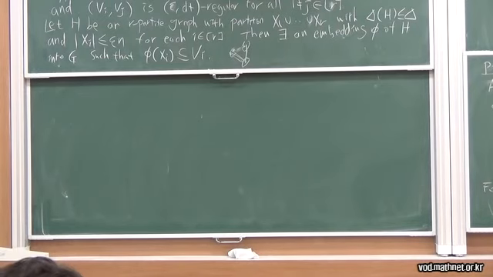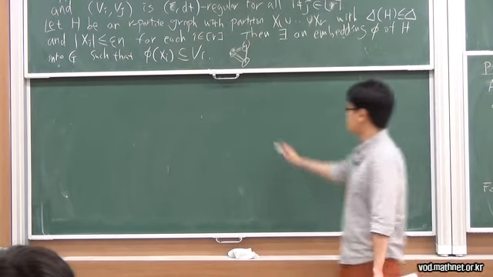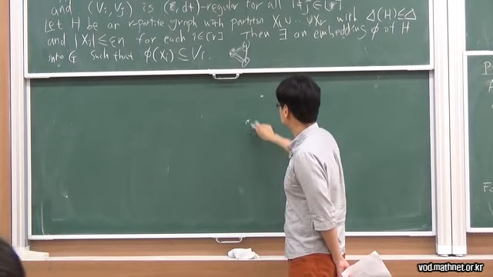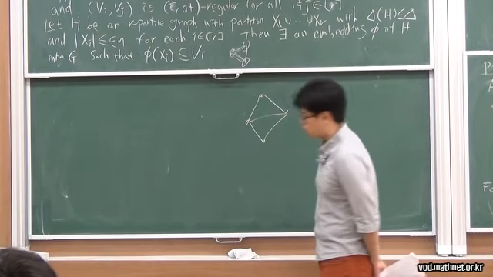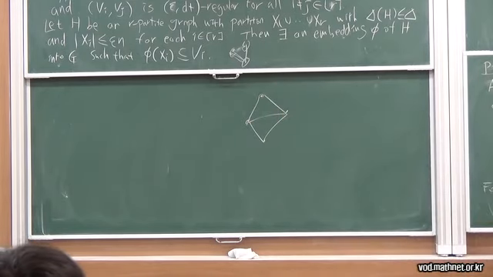But of course that is true because, let's say we have this simple graph. Then what would be the epsilon regular structure of that graph? What would be the easiest way of finding an epsilon regular structure?